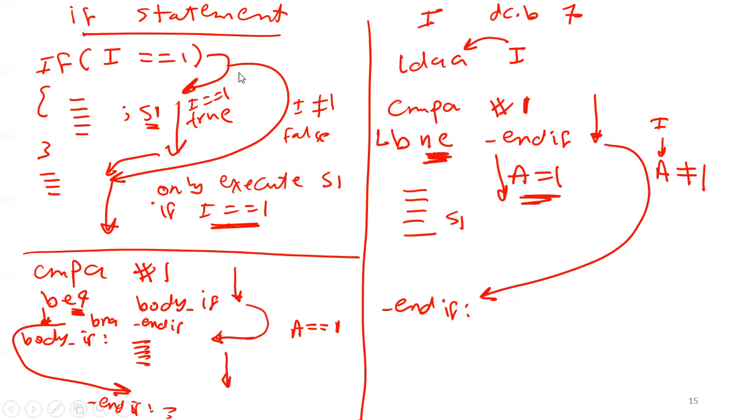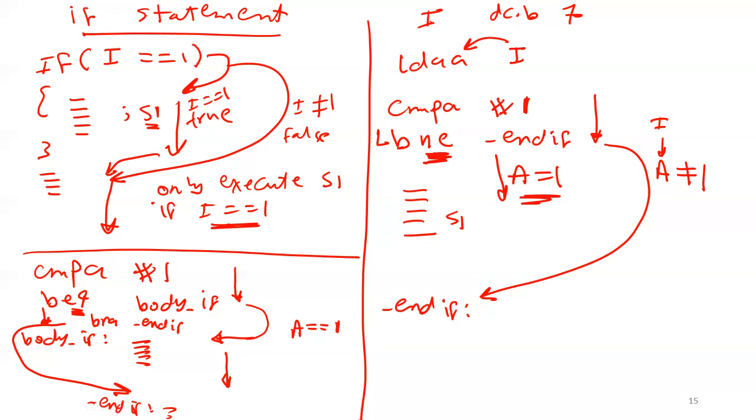If the condition is false, I come to here. So if I does not equal 1, the condition is false. In other words, I execute the sequence S1 in just one case, if the condition is true. Otherwise, don't execute S1.